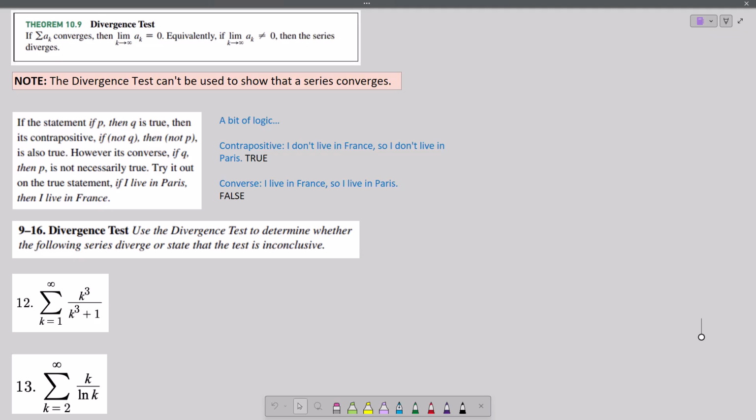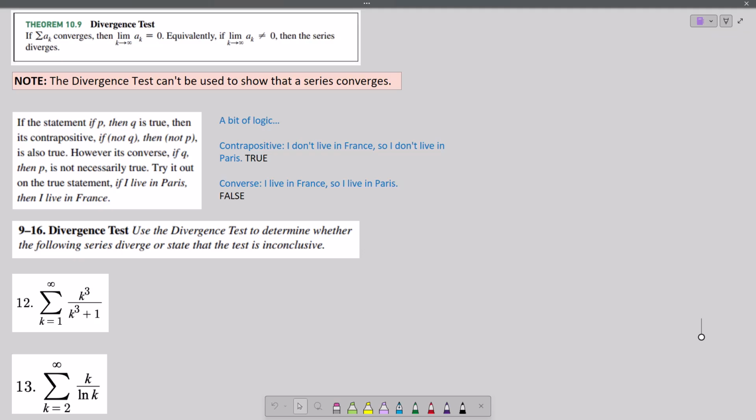The contrapositive says that not Q implies not P must also be true. So the contrapositive up here is, it's equivalent, that if the limit is not 0, then the series is not converging. So that statement right there is the contrapositive of the initial statement.